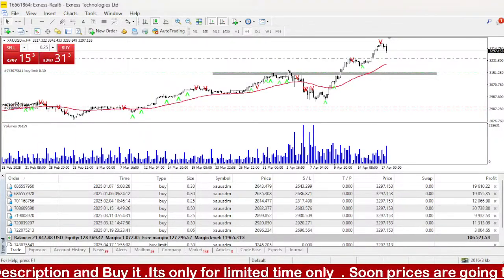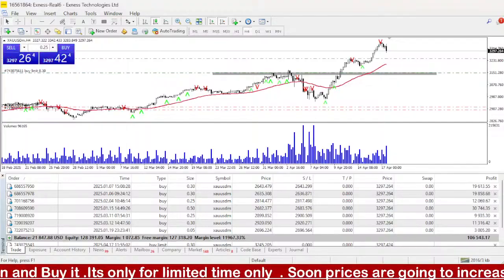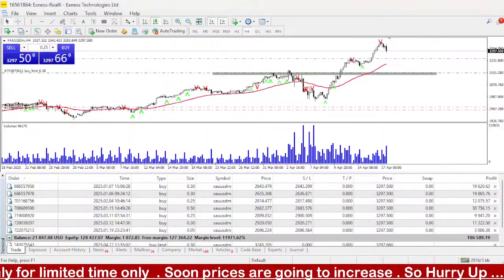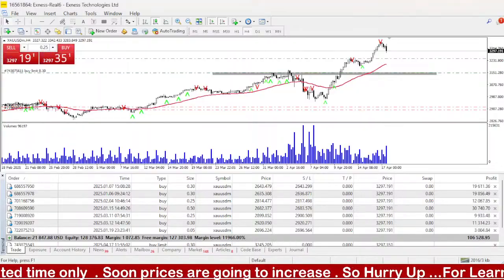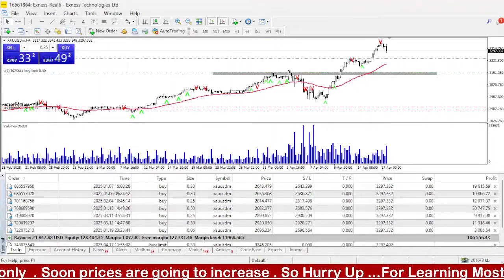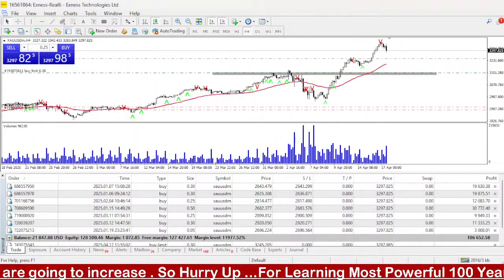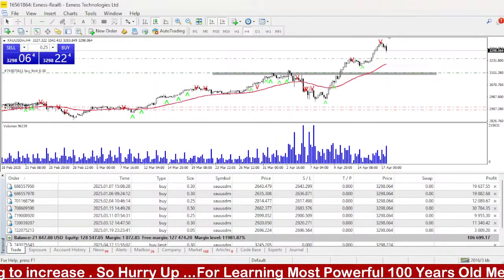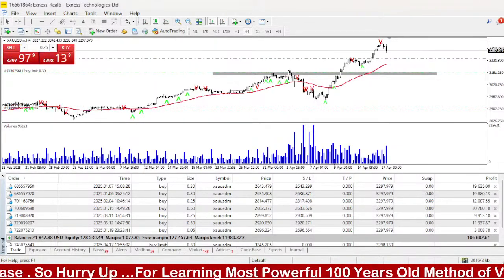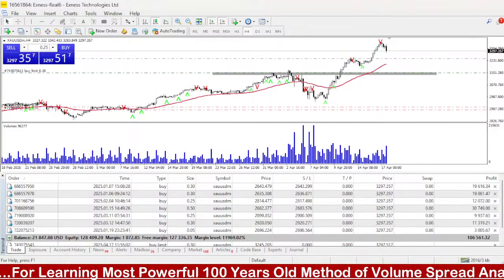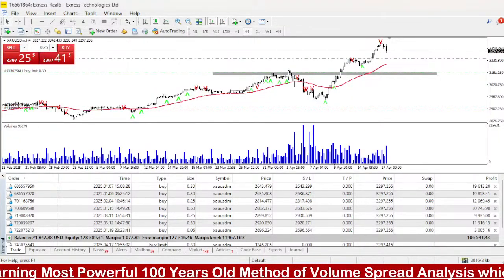As you know, there are multiple traders available in the market, like retail traders, and then smart money players, and then institutions, hedge funds, and all those people. So how does volume spread analysis, or VSA, work? VSA you can consider as the volume behavior in the market, and that volume cannot be fake or manipulated. Why?